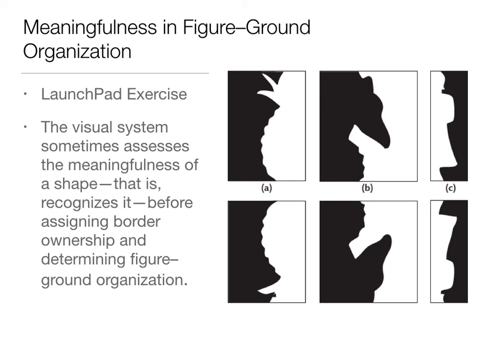The same thing with C. I'm more likely to say that the white area is the figure in C than in that inverted one, because it no longer looks like half of a person. So if it matches something that we already perceive as an object, that matches those representations that we have in memory, then we're more likely to perceive that as the figure. And again, that Launchpad assignment is for a grade.